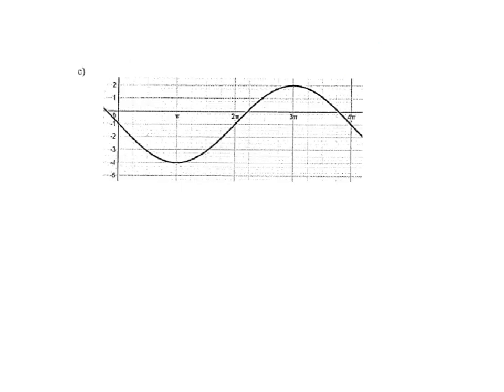So again, if I think about where my y values are, I have a minimum at -4, a maximum at 2. So the distance from 2 all the way to -4 is 6 units. So if I cut that in half, my amplitude is equal to 3.